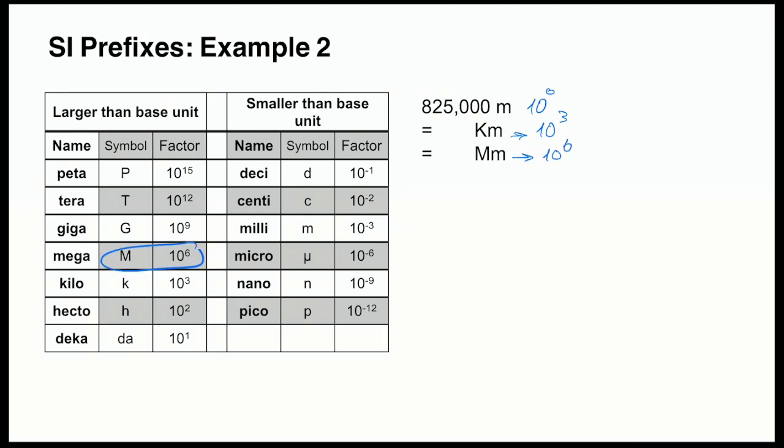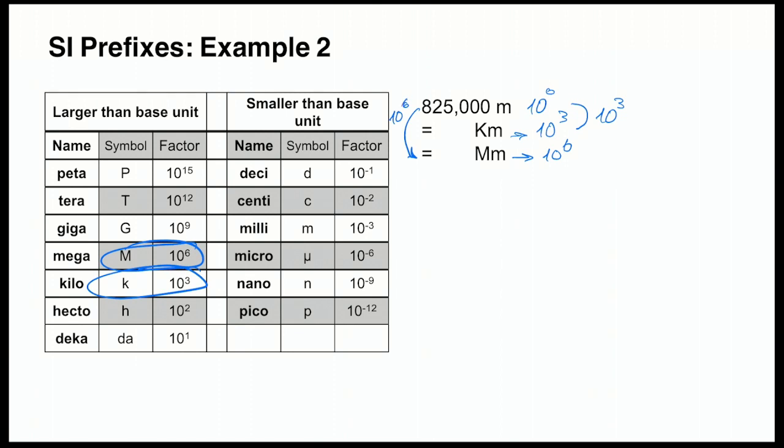As you can see, this is megameter, this is kilometer, obviously. So when I'm going between meter and kilometer, I have to use the multiplier or divider of 10 to the power of 3. Okay. And when I'm going the other way to megameters, I'm going to use the 10 to the power of 6, obviously.